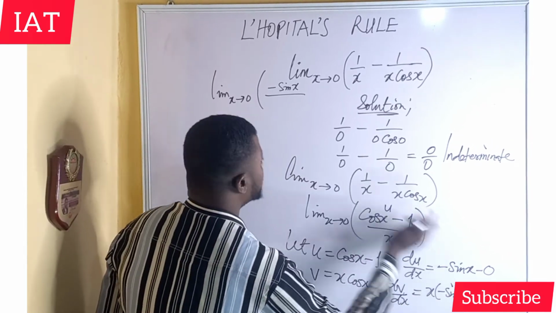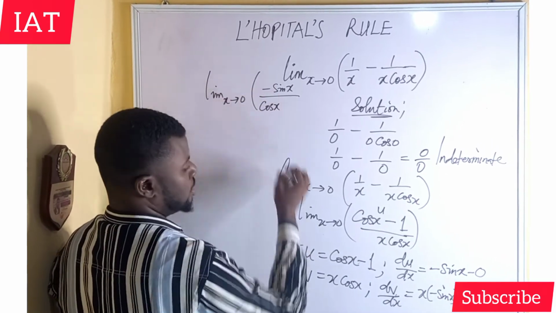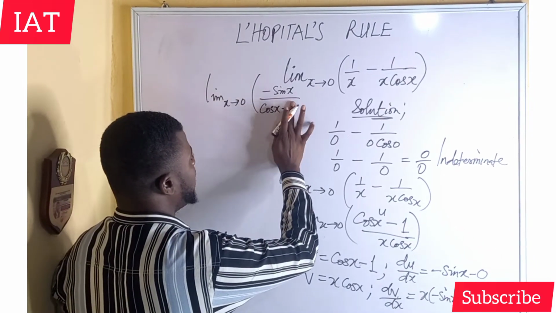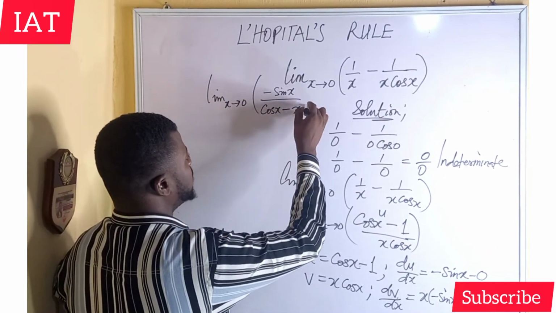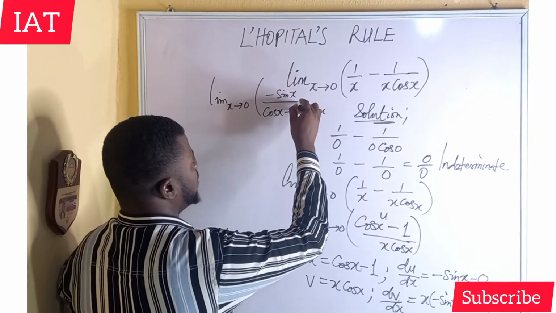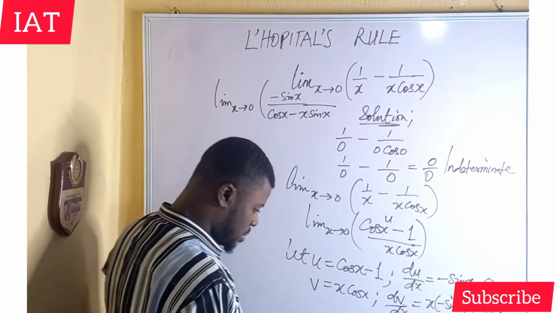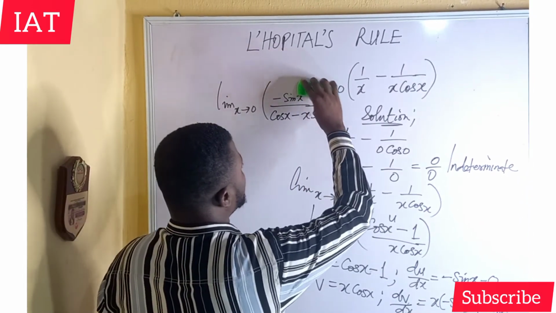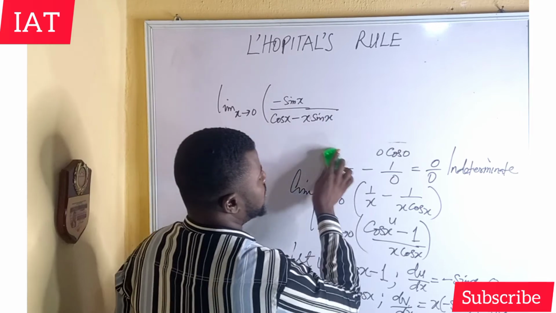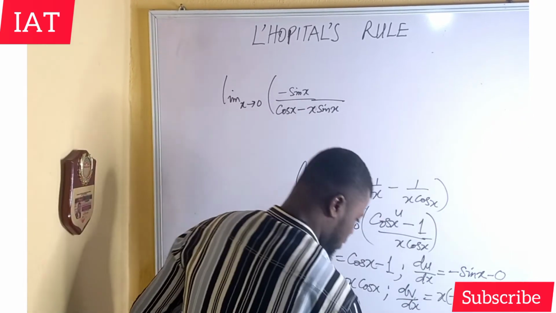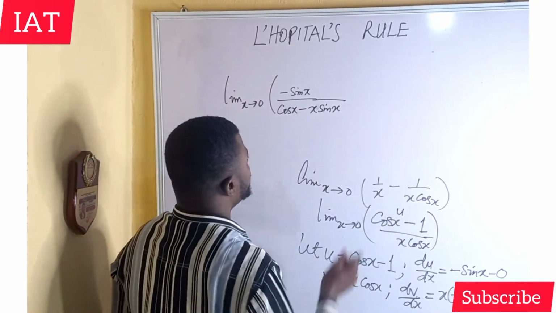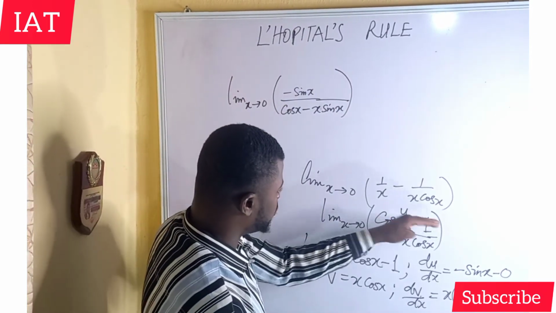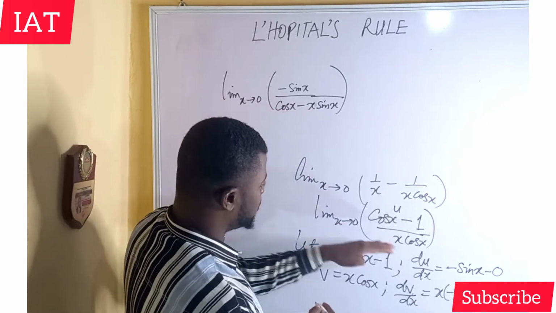Maybe we can just bring in the cos x first. x times minus sine x will give us minus x sine x. All right, let's remove these so that we can see it clearly and they don't distract us. So this is what we're having. This is what we had from the numerator when we differentiated, and this is what we have from the denominator.